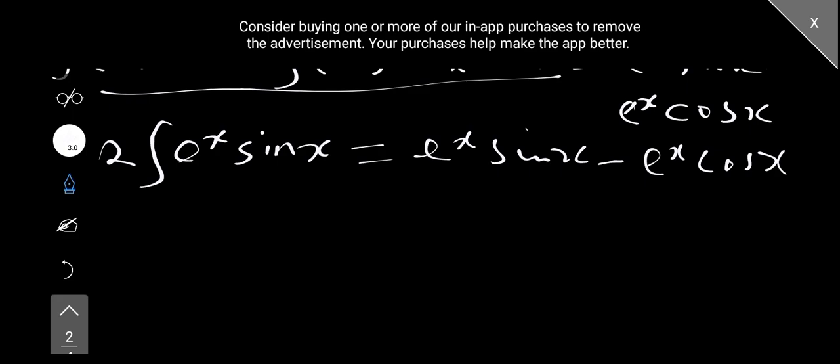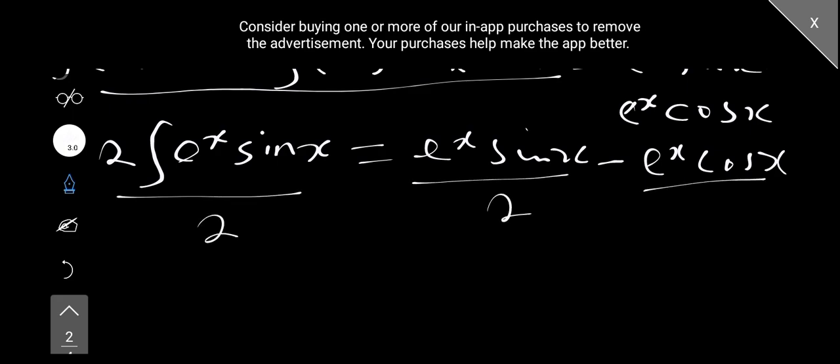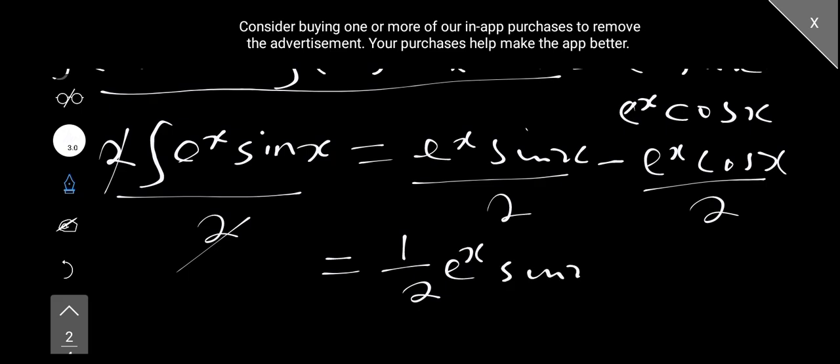We can easily divide both sides by 2, or we divide each term by 2. These 2 go away. Then we have the result, half of e to the power x sine x minus half of e to the power x cos x, of course plus c.